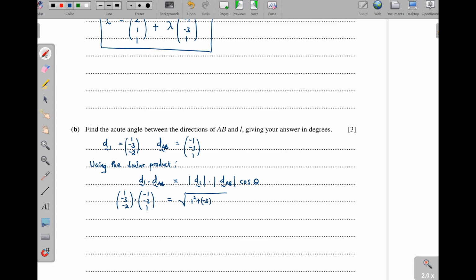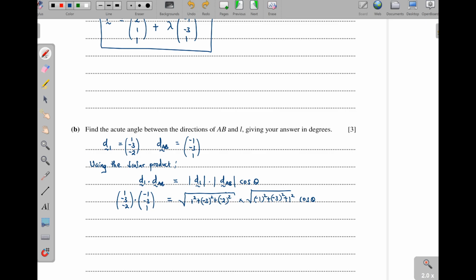These negatives, it's better you put them in brackets, because if you just say negative 2 squared, the calculator will give you negative 4. But you know that you are squaring a negative, so it's better you put it in brackets to avoid errors. You see that? Then times the square root of negative 1 squared plus negative 3 squared plus 1 squared, and then the cosine of theta.